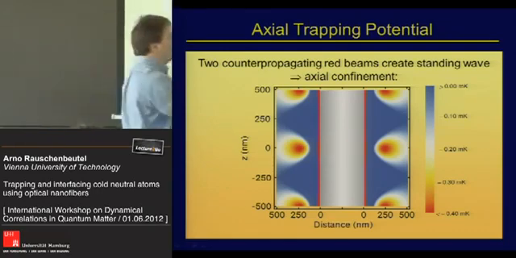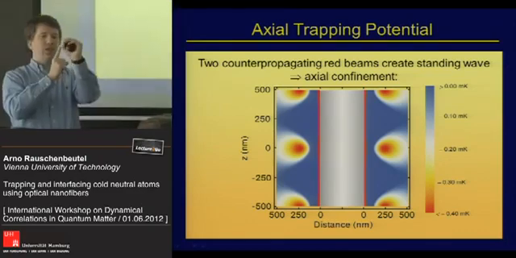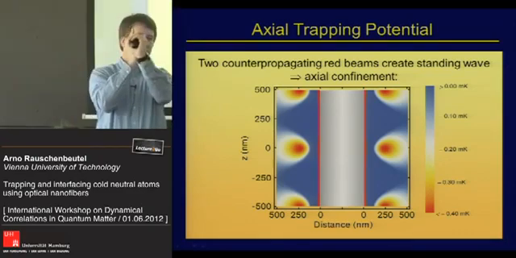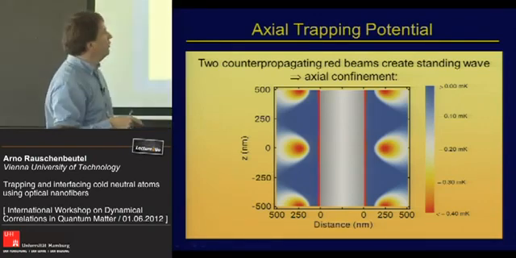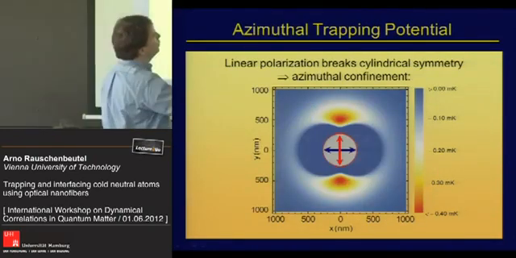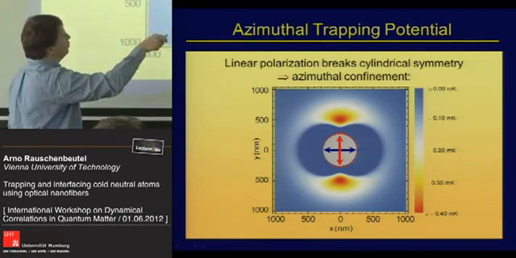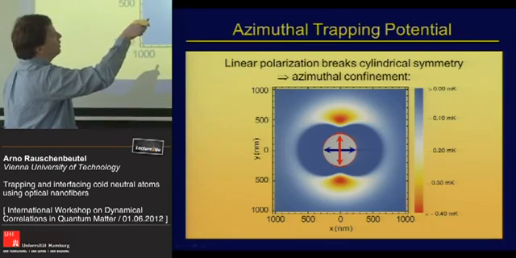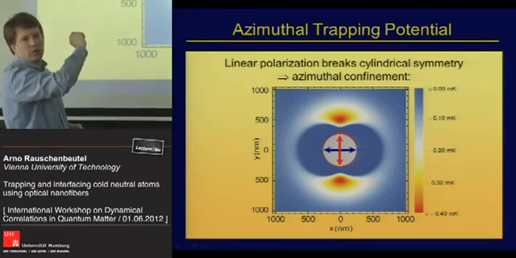But here we have a huge, 0.5 index of refraction jump, and in this case, if I have the fiber like this and light polarized like this, I have more light here and less evanescent light here. So if we send the red detuned light field linearly polarized like this and the repulsive blue like this, then we have more attractive light here, more repulsive light here, so we also get azimuthal confinement of the atom.